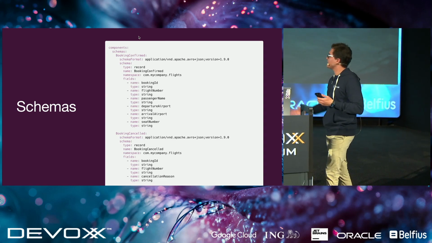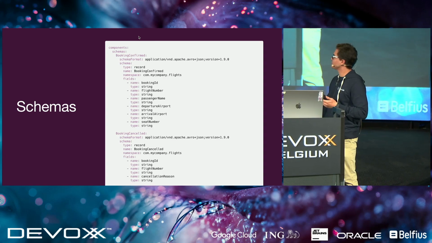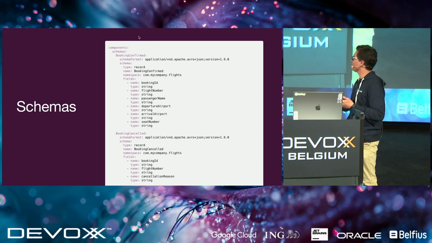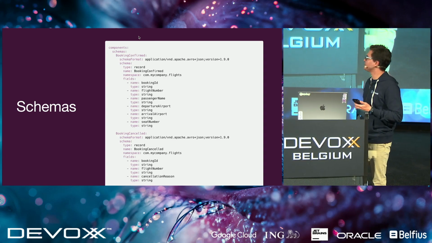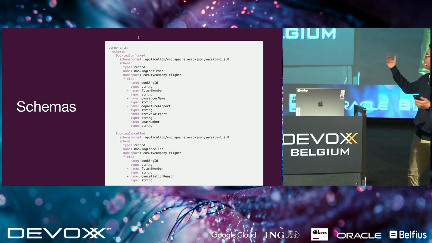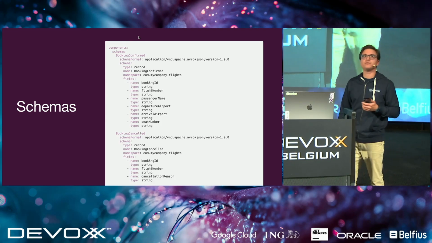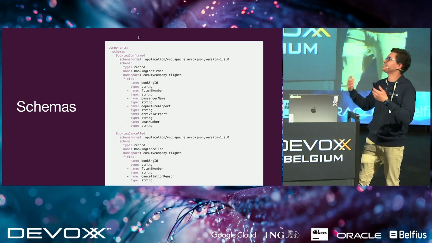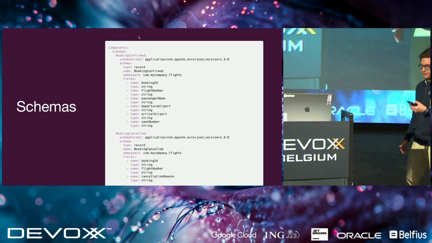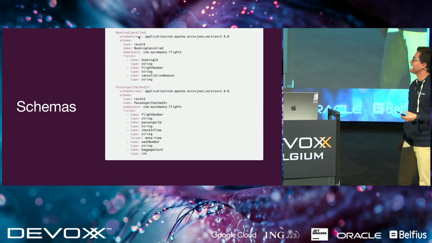Then we define what this payload looks like: booking ID, flight number, cancellation reason, or passenger name, departure airport, and whatever you need for your systems to communicate well together.